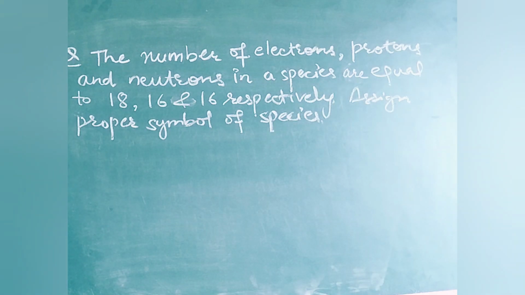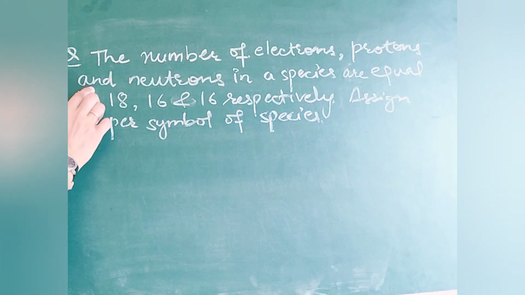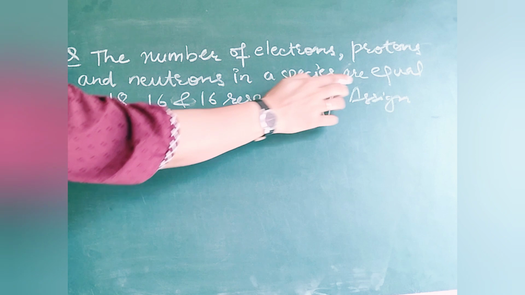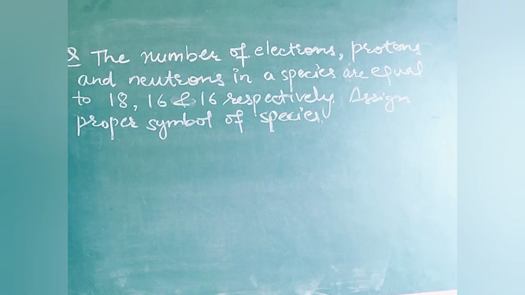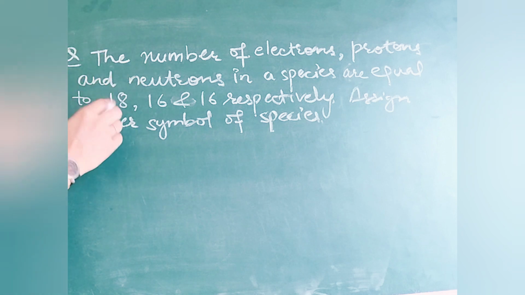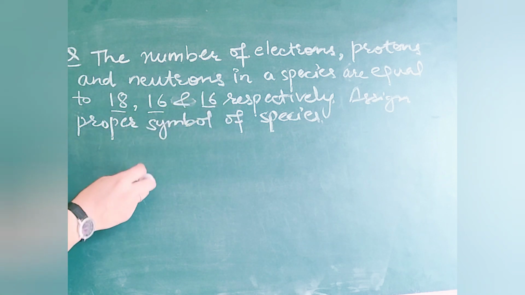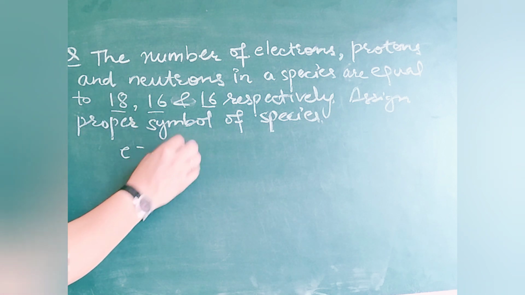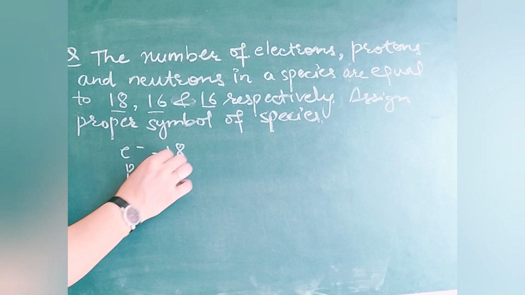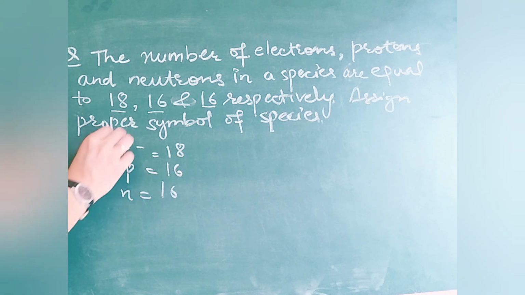Here we are having another problem. The number of electrons, protons and neutrons in a species are equal to 18, 16 and 16 respectively. They have given number of electrons, number of protons and number of neutrons. So we are having electrons equal to 18, protons equal to 16 and number of neutrons is equal to 16.